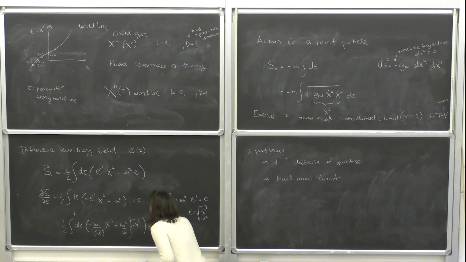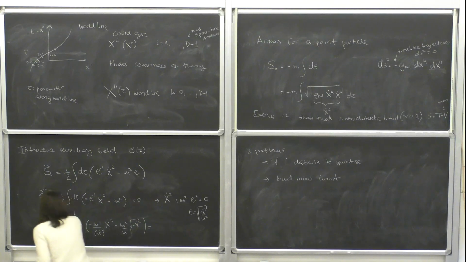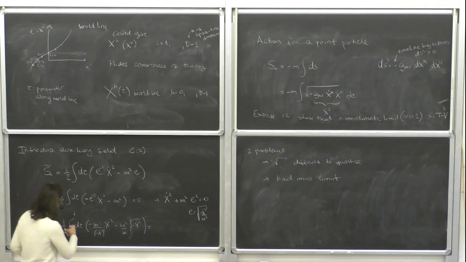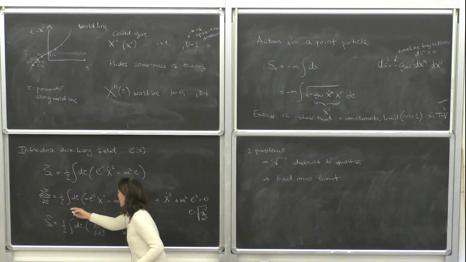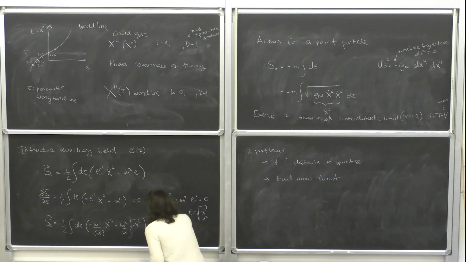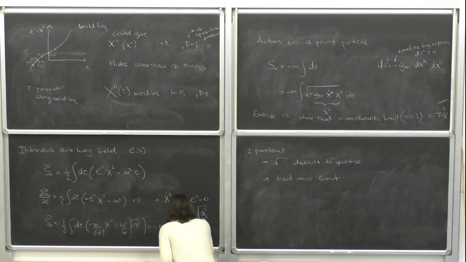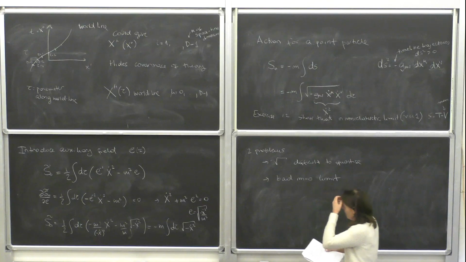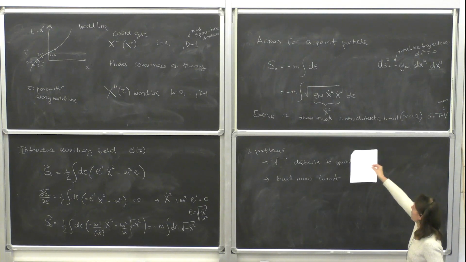So this is equal to minus m integral d tau square root of minus x dot square, which is the action we started with.